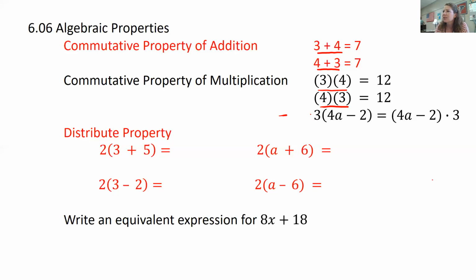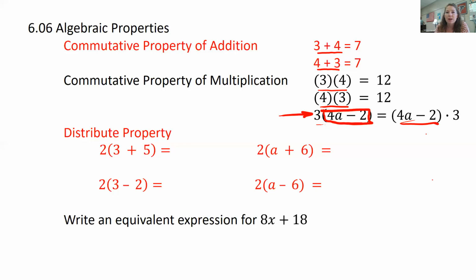Now, this one looks a little bit more complicated. So we're multiplying 3 times the quantity of 4a minus 2. So if I'm going to change the order, I've got to keep this whole quantity together. I'm going to bring that whole part to the front, and I'm going to send my times 3 to the back. So be careful, that one's a little tricky.